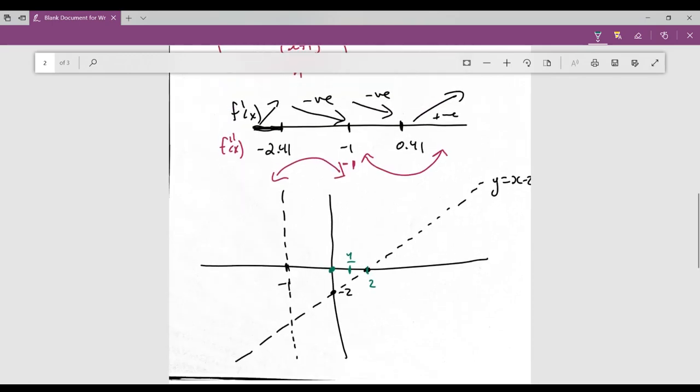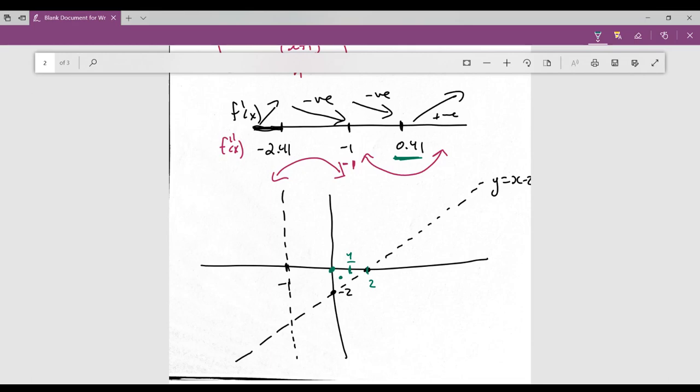We have a min at 0.41 because we go from decreasing to increasing. So 0.41, somewhere in there. We have a min. And if this is an x-intercept and this is an x-intercept, we know the graph crosses at that point. I'm just going to guess.